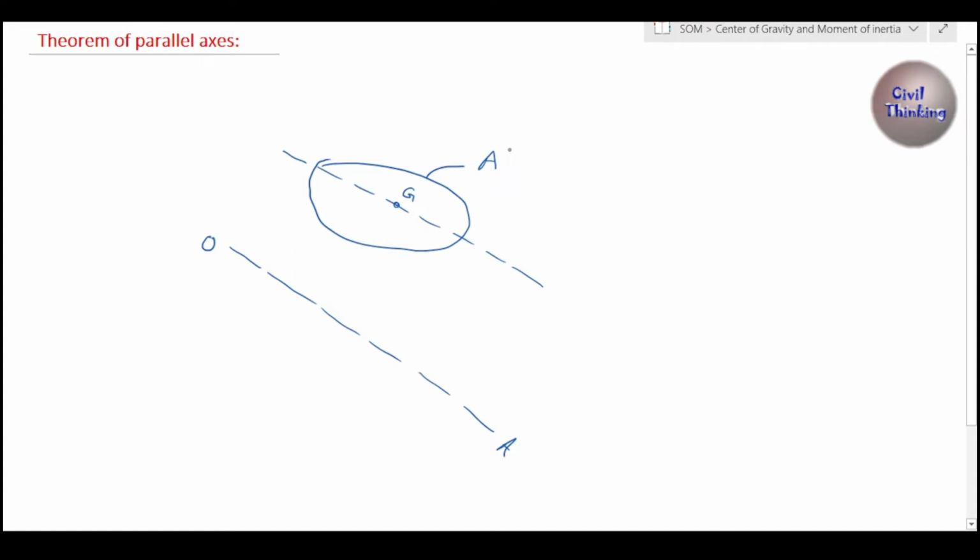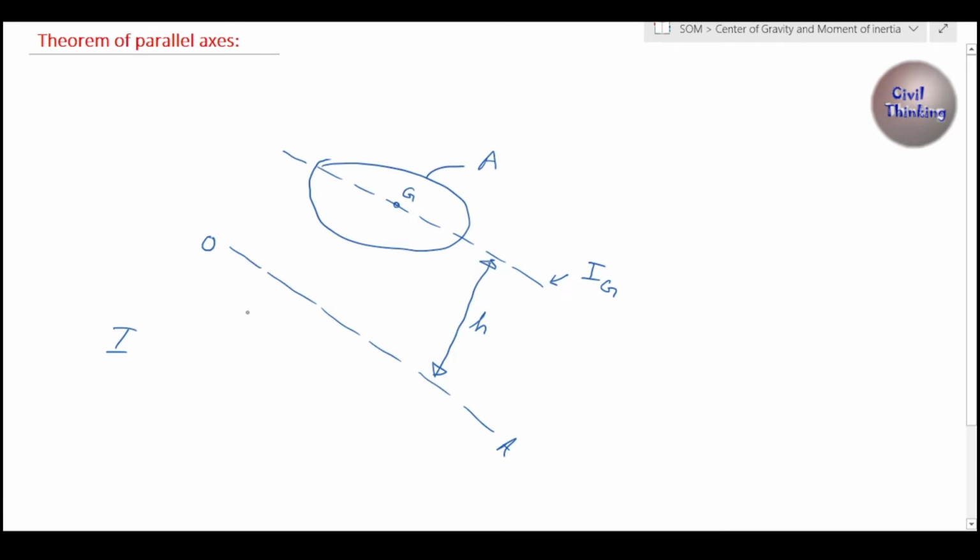Now if the moment of inertia of this area A about this axis passing through G is IG, and the distance between these two parallel lines is h.